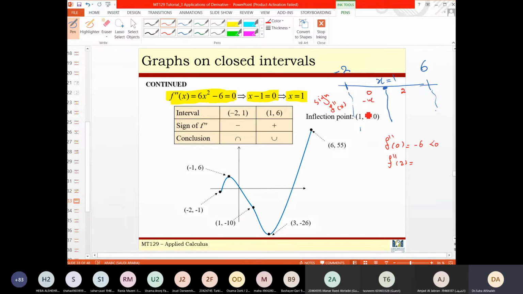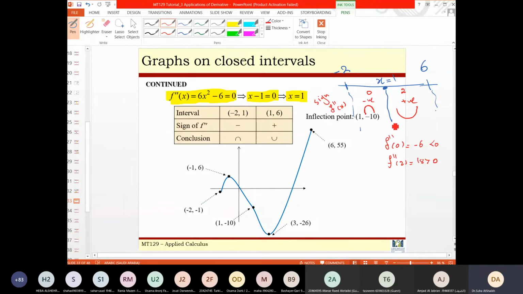So negative here means concave down. F double dash at 2, it is 6 times 2 squared, 4, so it's 24 minus 6. This equals 18. It's positive, meaning concave up. So concave down from -2 to 1, concave up from 1 to 6.